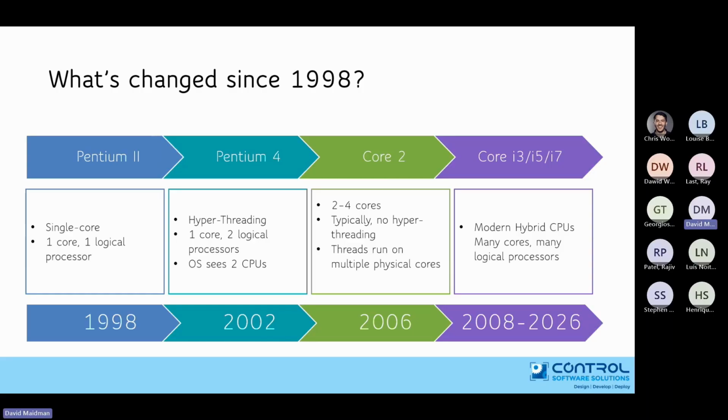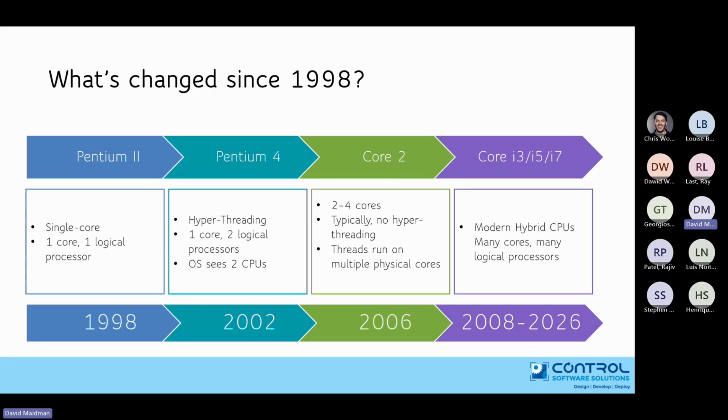So very quickly, to show how things have come on. Back in 1998, as I said, we had single core, which meant one logical processor. By 2002, with the Pentium 4, that's where we introduced the concept of hyperthreading, which I'll come on to later. So there's one core, but that one core has two logical processors.